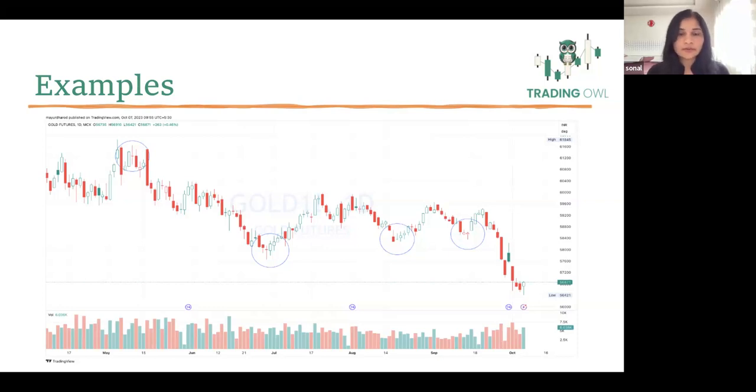When it is on top of the rally after a significant uptrend, with a small body towards the high, that becomes a hanging man on top. So the shape is the same, but their appearance at different places gives them a different name.